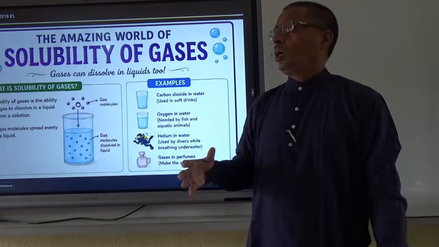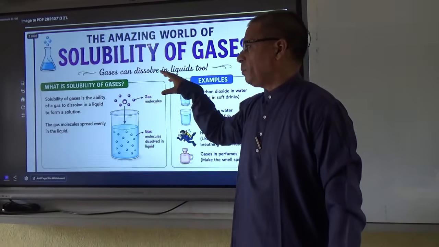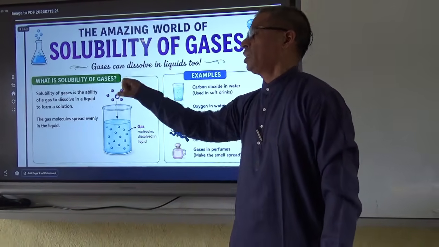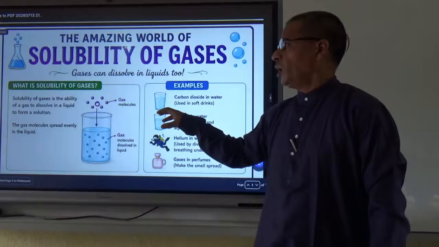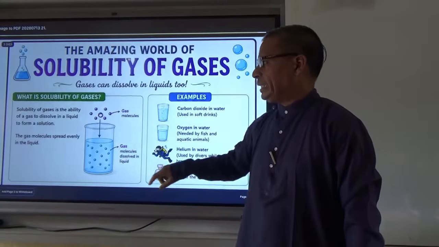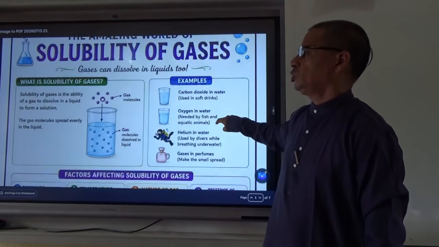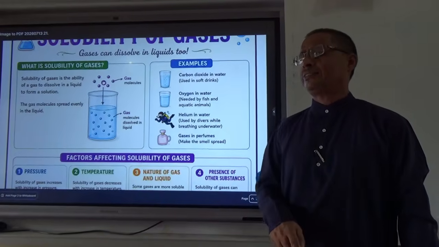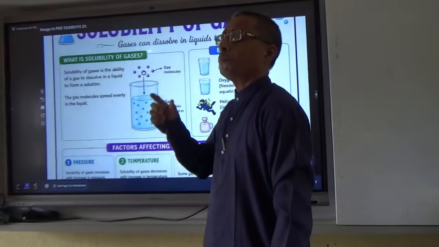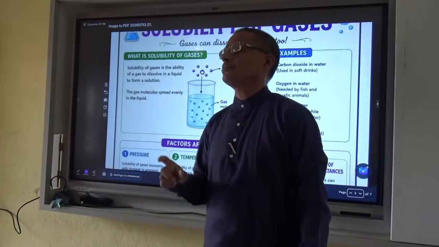Solubility means the ability of a gas to dissolve in a liquid in the form of a solution. In previous classes we discussed some properties of gases.